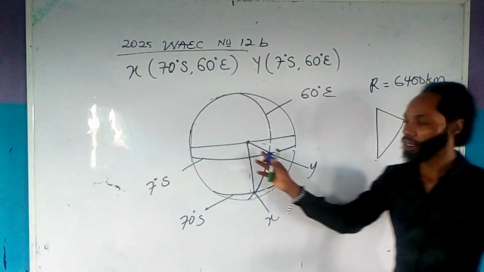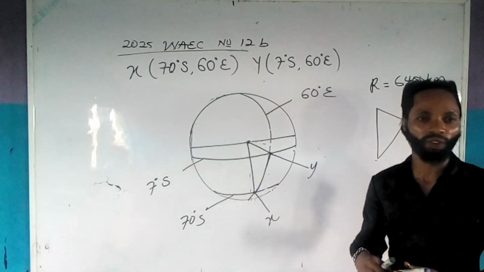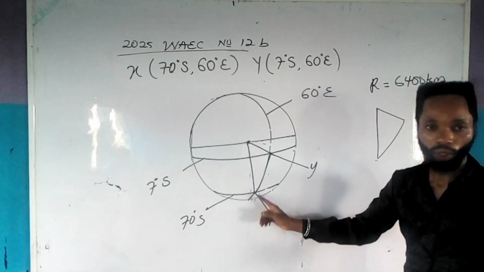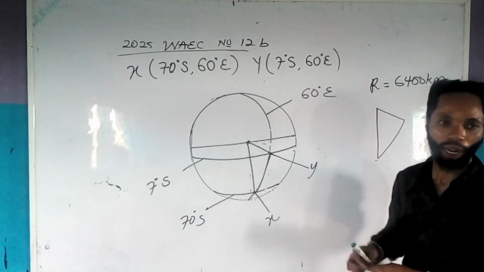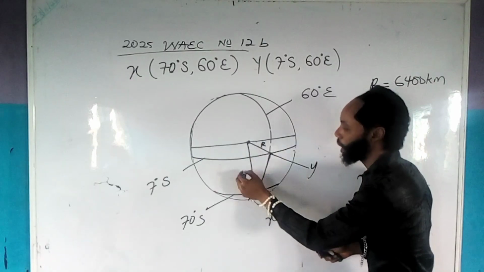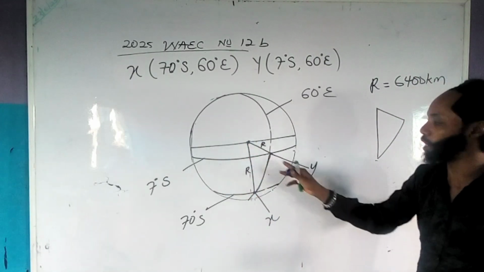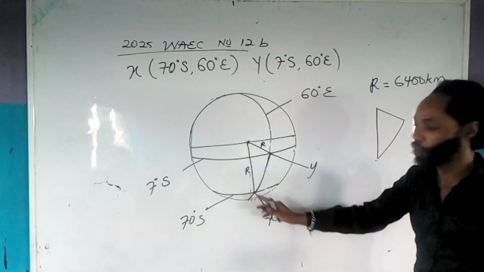Along the longitude, the radius has to be the major R, the big R, because it's from the center to any point.